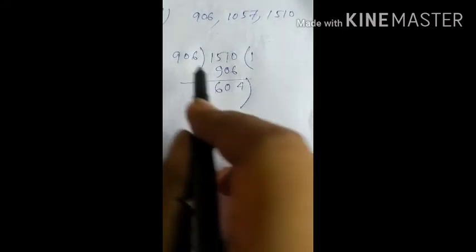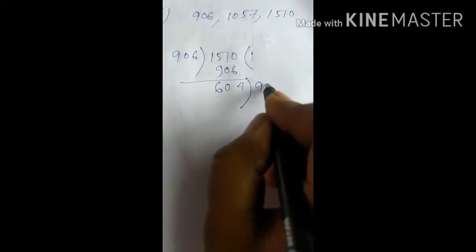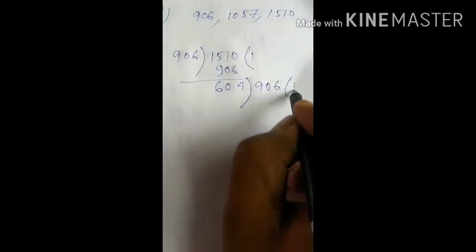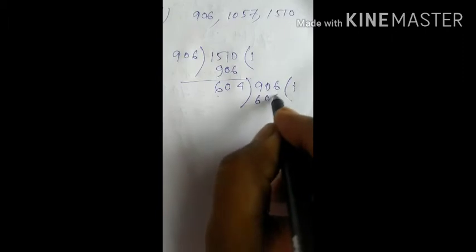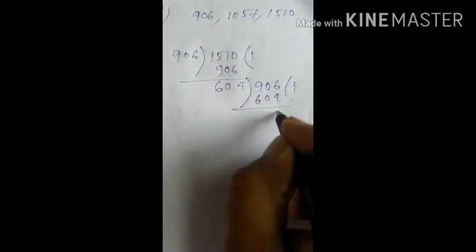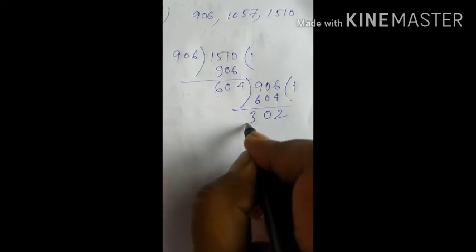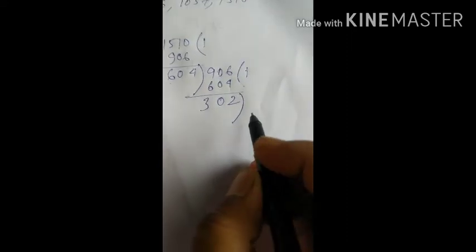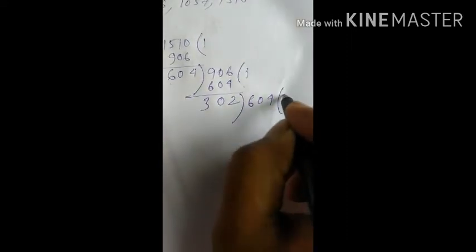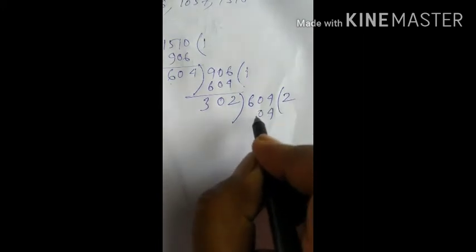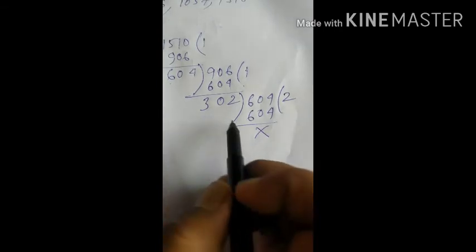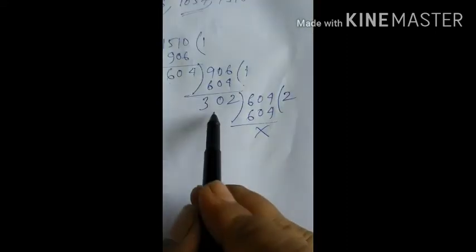Now we have to divide 906 with this number, 604, and we get 302. Now we have to divide the third number 1057 with the help of this number.